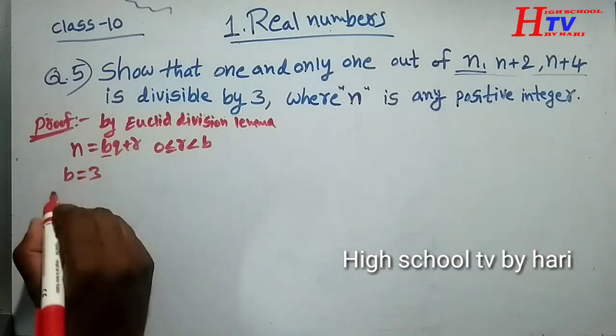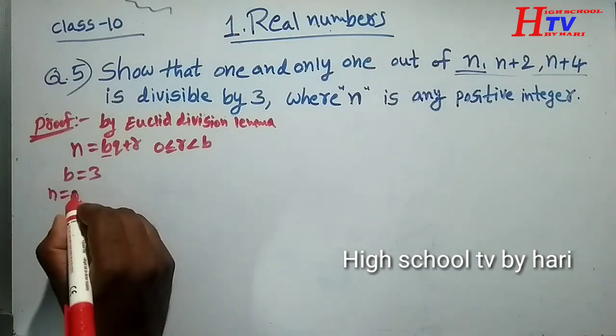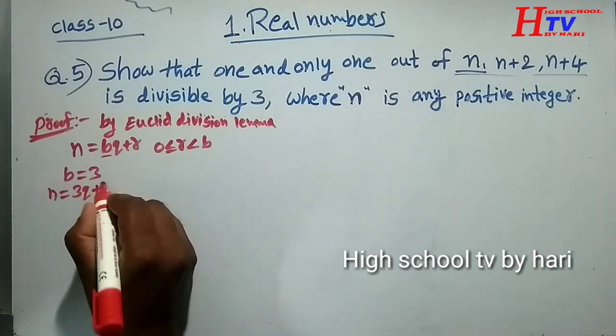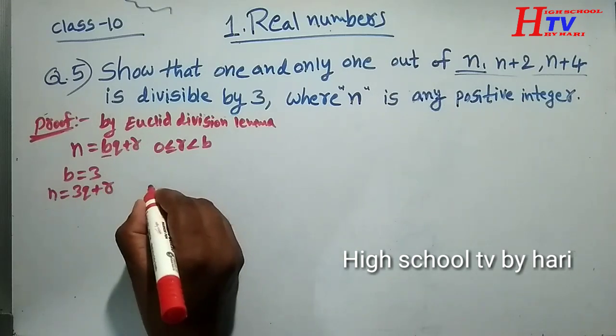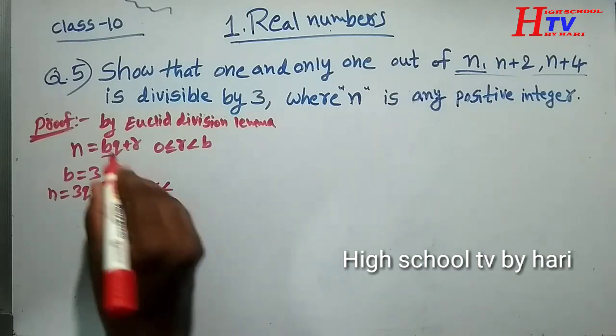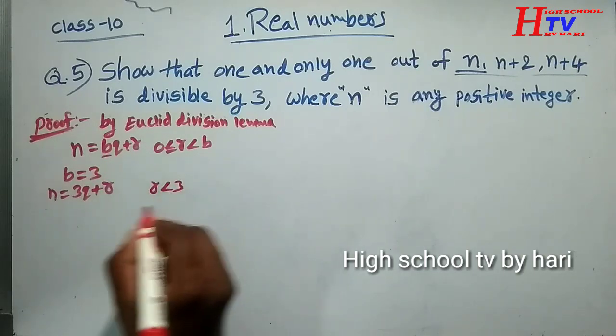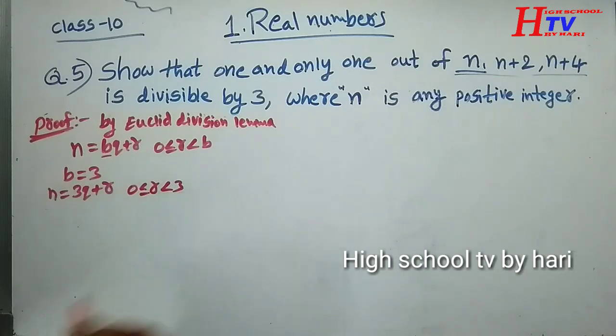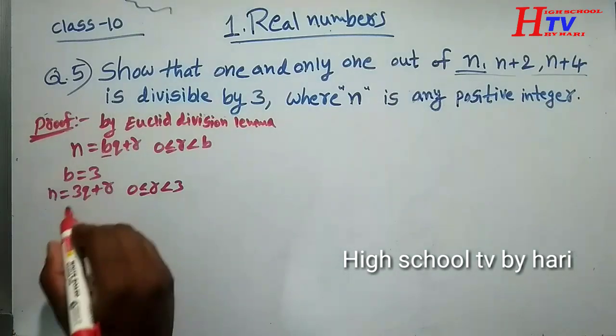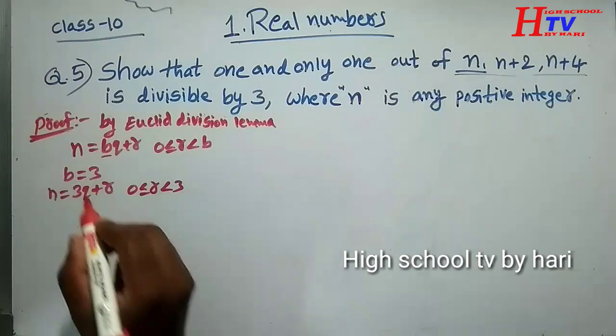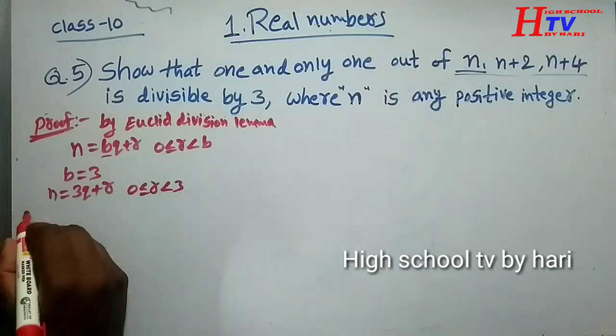Now this equation becomes n equals 3q plus r. Here the condition is r is less than b, here less than 3 and greater than or equal to 0. We have taken b equals 3, so we get 3 cases.